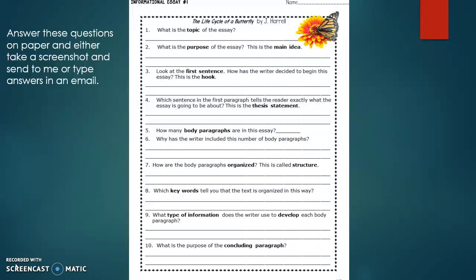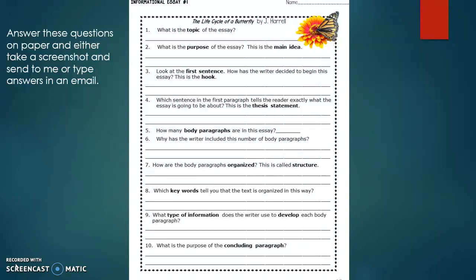So the topic is broad, right? It's kind of bigger, and then the main idea is a little bit smaller. It kind of is more specific. So when you're having to distinguish the difference between a topic, life cycle of a butterfly, and then the main idea, metamorphosis. So it's kind of broad to narrow.